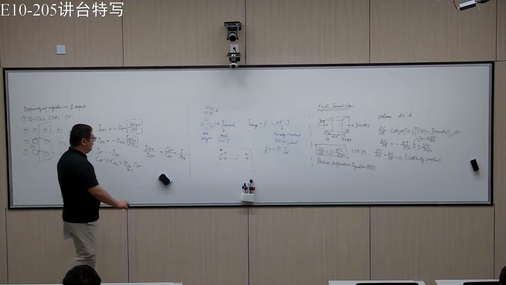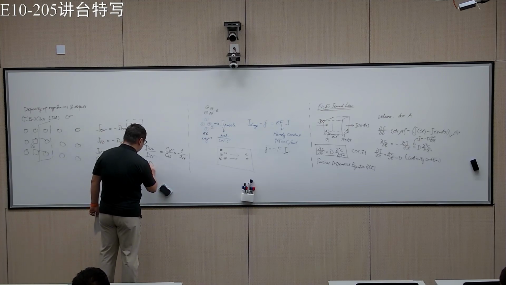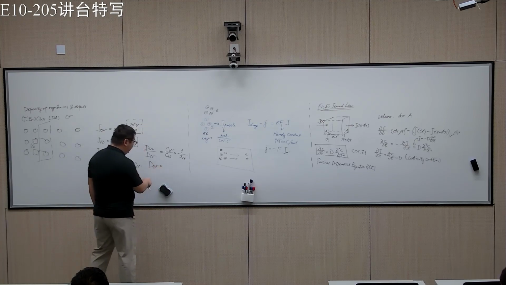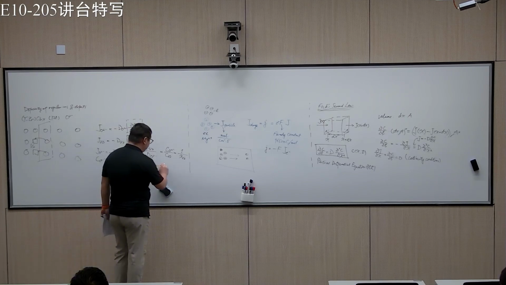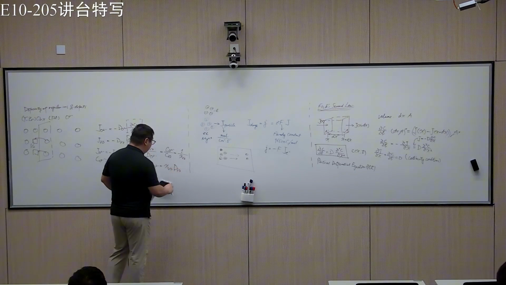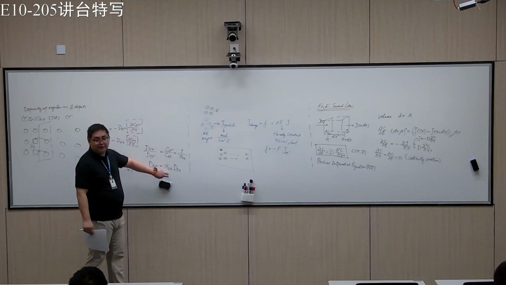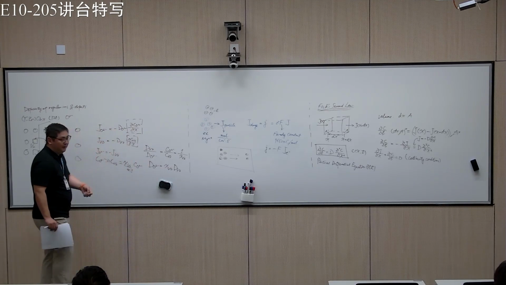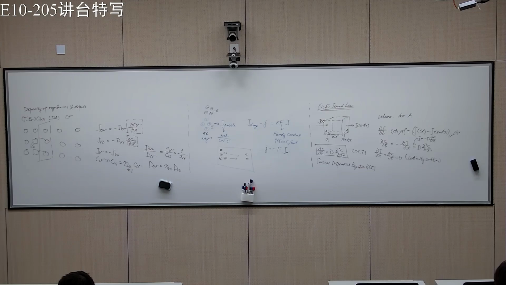Or what I can write is that the diffusivity for regular ions is the fraction of oxygen vacancy times the diffusivity for oxygen vacancy.